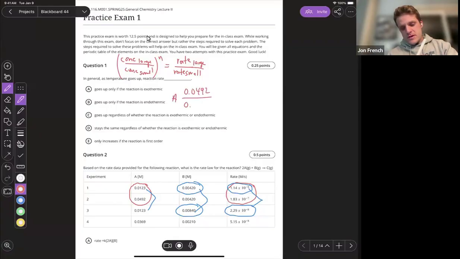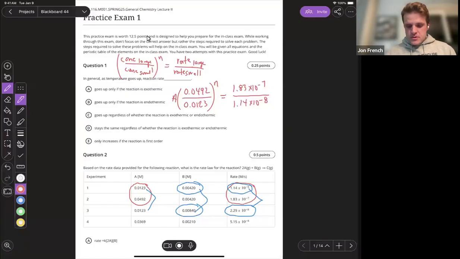So for A, if we take a look at A, I've got 0.492 divided by 0.0123 raised to the n equals 1.83 times 10 to the minus 7 over 1.14 times 10 to the minus 8. So we want to divide those two, and I think we're going to get 4 for the first one, right?